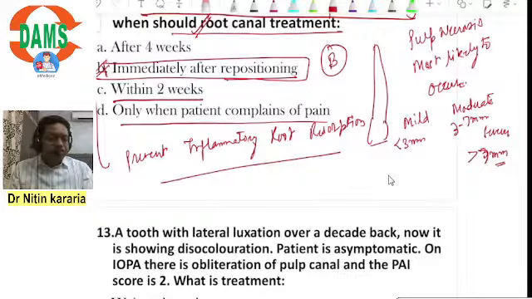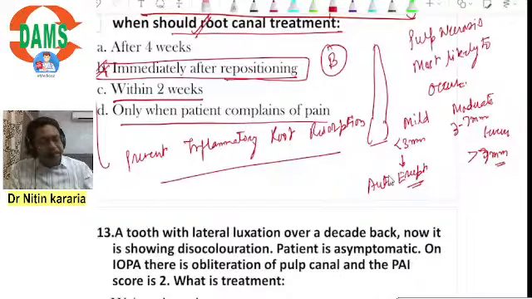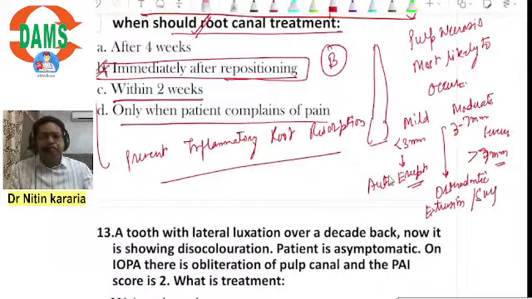So for repositioning of the tooth, mild intrusion, the tooth can auto erupt. Most of the time it may not require repositioning by the dentist. Moderate, we have to do some form of intervention to reposition the tooth. This can be either orthodontic extrusion or surgical repositioning.